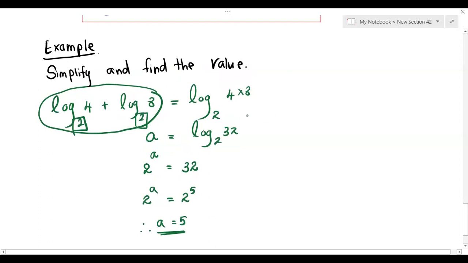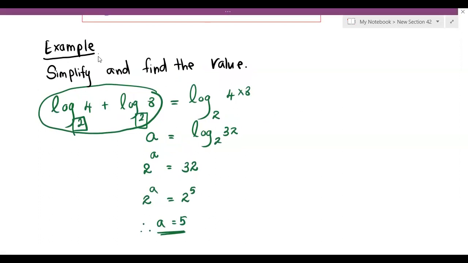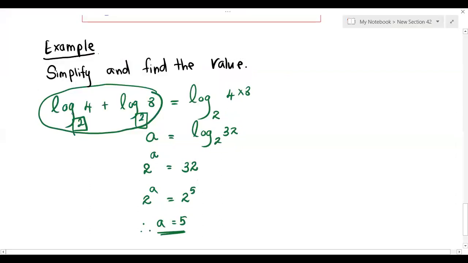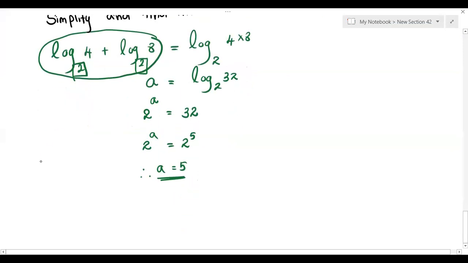Or there's another way. Here I equated this whole expression to a, and I found the value of a. That means actually logarithm of 4 to the base 2 added to logarithm of 8 to the base 2 is equal to 5. This is the final answer.